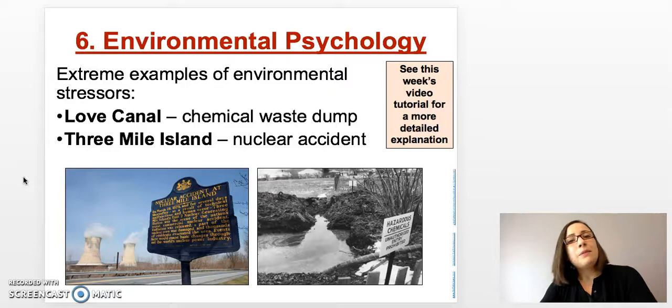So a couple examples of some extreme environmental stressors. These are two historical examples that took place in the 1900s in the United States. And basically, we know that they really impacted people's experience of their homes for people who lived near these two locations.